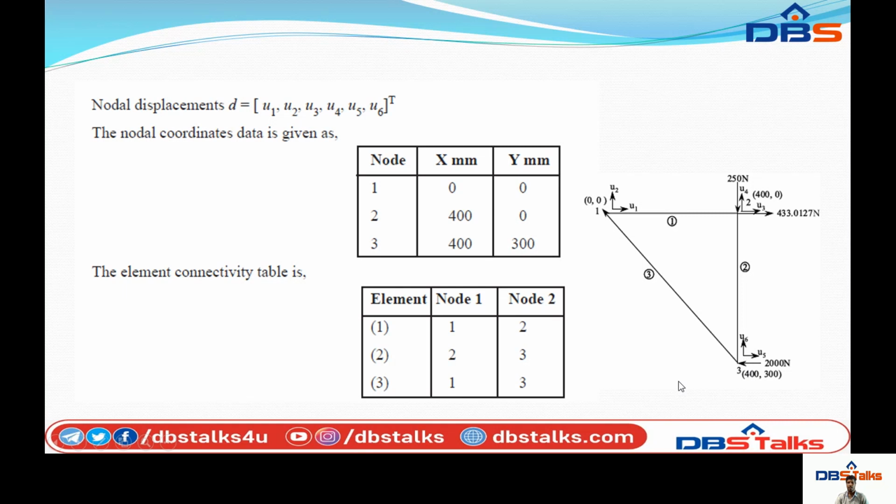Element 3 connects 1 and 3. Observe the difference: element 1 connects 1 and 2, element 2 connects 2 and 3, and the third element connects 1 and 3. This is the element connectivity table.